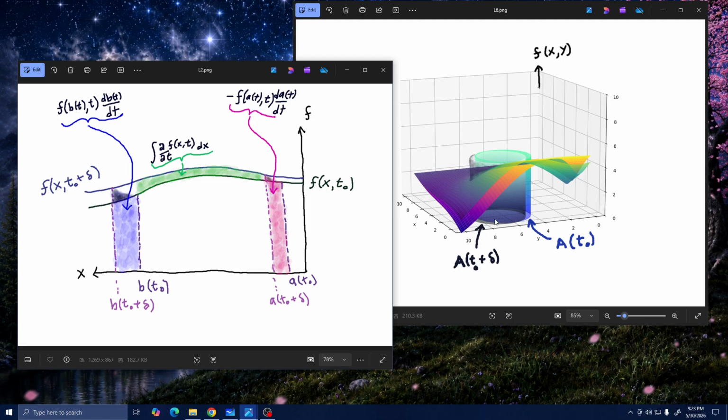And the same thing happens here. So there's a central part, but then there's also this area underneath that's above these crescents, but underneath the surface that also goes ahead and affects the integral when it changes with respect to time.